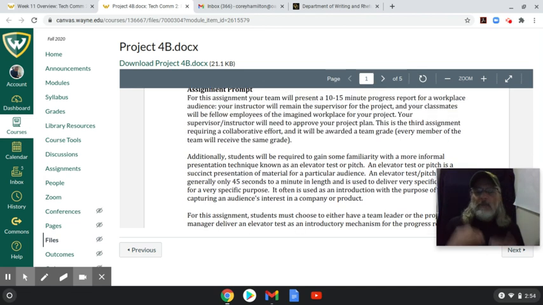All right, so we're looking at Project 4B still, and I wanted to point out two things very specifically, not those other things I pointed out last week, but primarily the elevator pitch, that first 45 seconds to a minute, where preferably the team leader or the project manager gives us a synopsis of the project progress report.